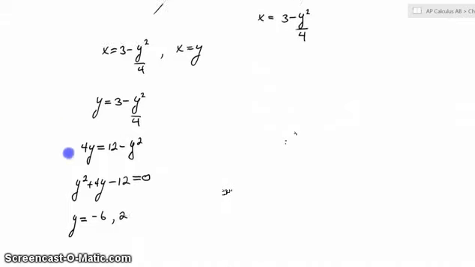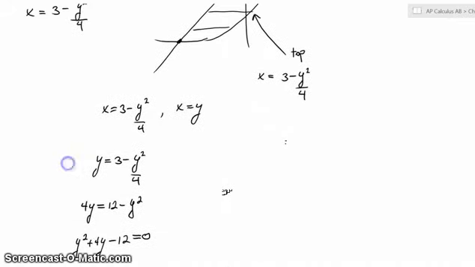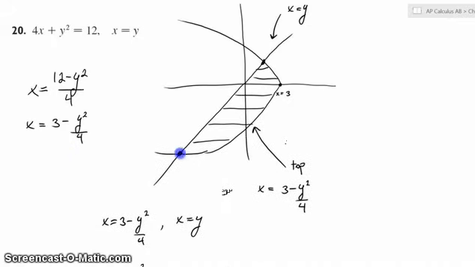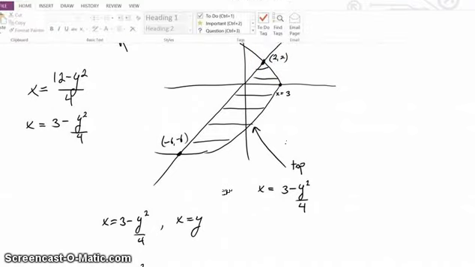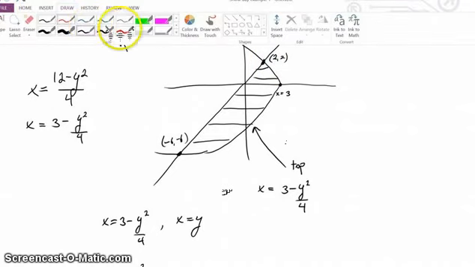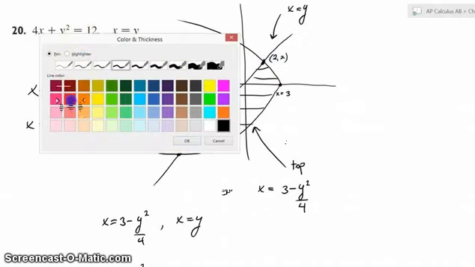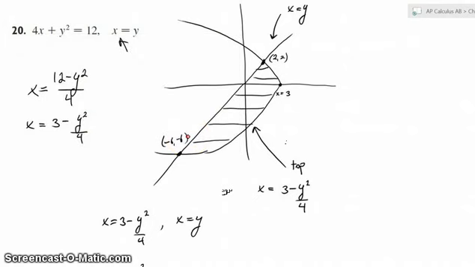Okay. So if we go back up to our graph, because this is a line where x equals y, we know this point is negative 6, negative 6, and we know this point is 2, 2. So what we're going to be doing is integrating in terms of y, so that means we're going to be sliding from negative 6 up to positive 2 for our integral.